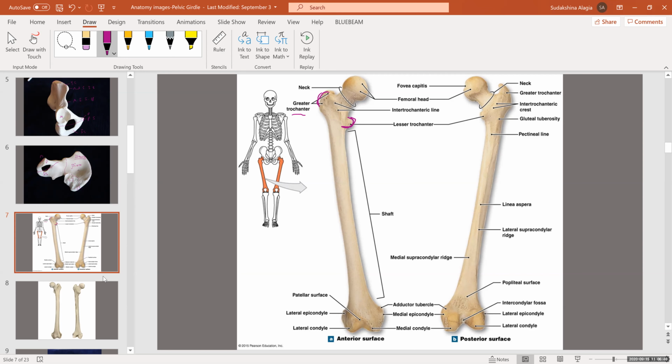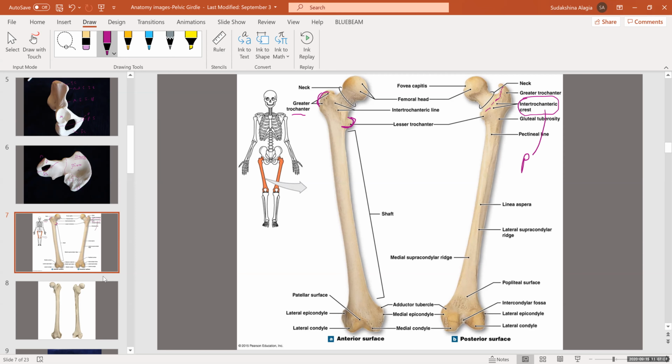And just like there is a crest in the ilium, a raised border, a raised surface, there is a crest between these two trochanters that's only visible on the posterior end. This crest, the intertrochanteric crest, identify that, and you know the anterior aspect and the posterior aspect.